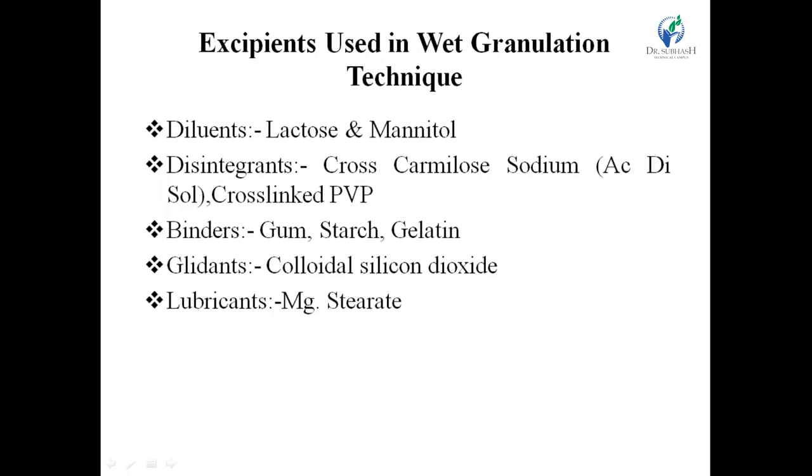Examples of disintegrants are croscarmellose sodium, also called Ac-Di-Sol, and cross-linked PVP. Next is binder. In wet granulation, binders used include gum, starch, gelatin, tragacanth, acacia, etc. Glidant: an example is colloidal silicon dioxide. And last is lubricant, for example magnesium stearate.